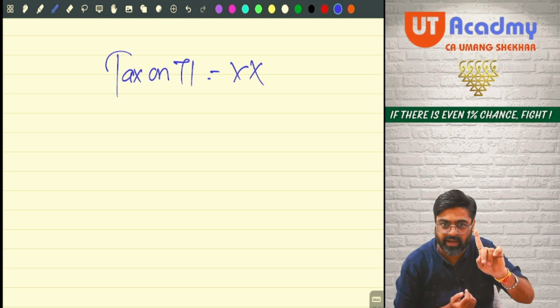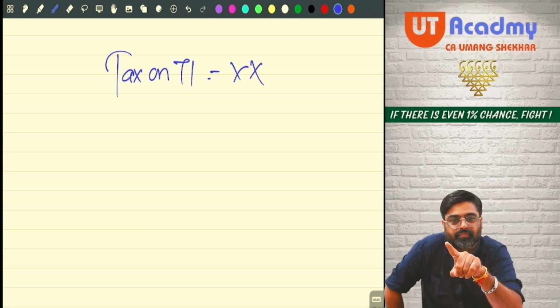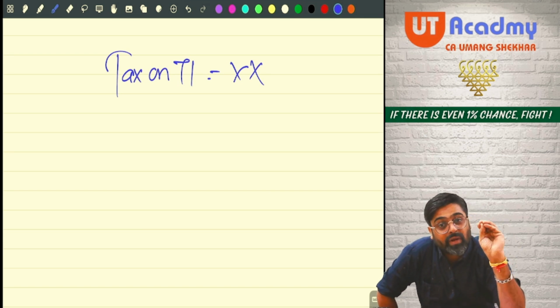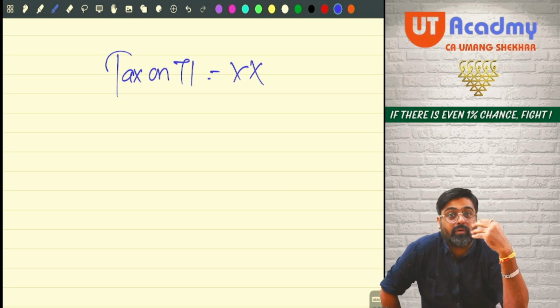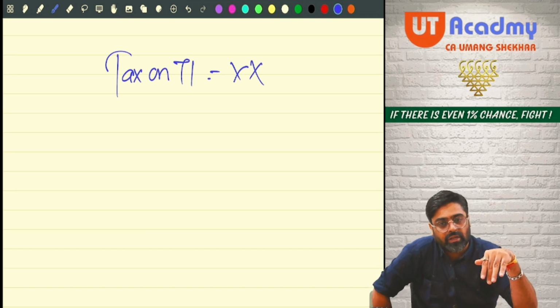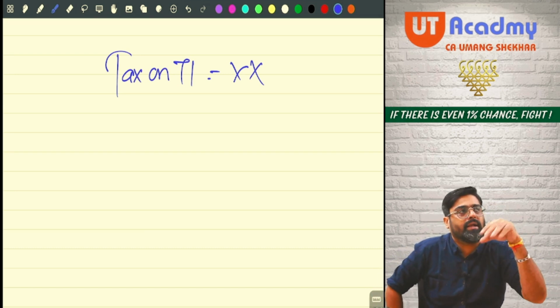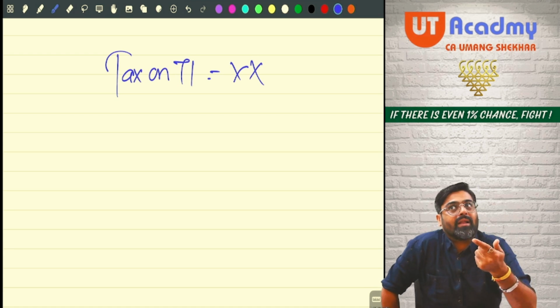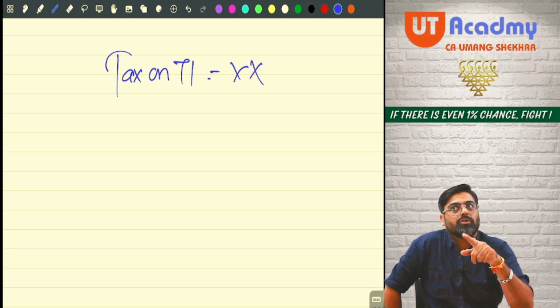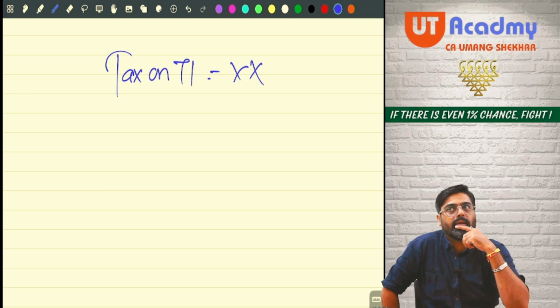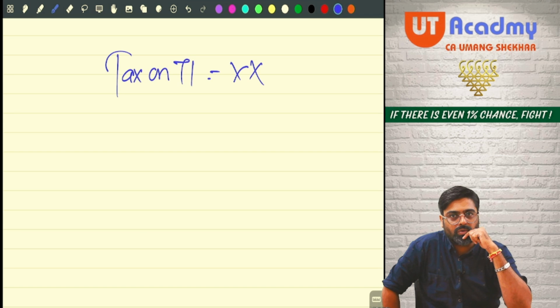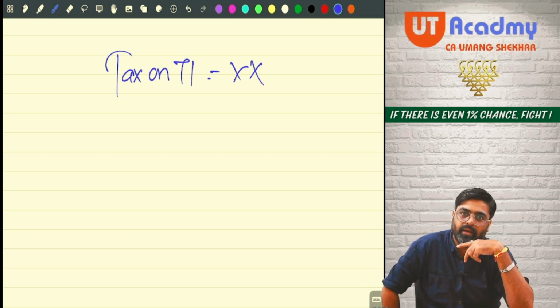Now wait. In your total tax, have you calculated tax on 4 incomes? You have to ask yourself that in my tax on total income, in my entire tax liability, have I calculated tax on short-term capital gain 111A? Have I calculated tax on long-term capital gain 112? Have I calculated the tax on long-term capital gain 112A? Have I calculated the tax on dividend income?